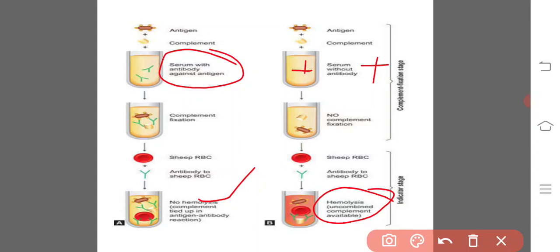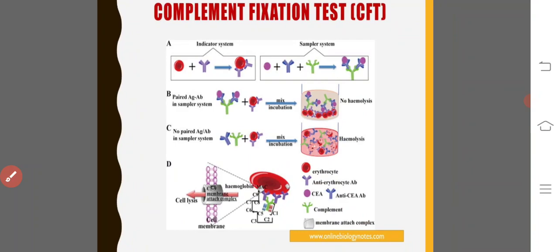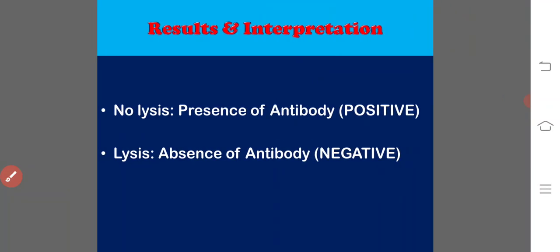Then, if you observe the results and the interpretation, this is the diagrammatic representation. So the same thing. Results and the interpretation: we can call it positive and negative.